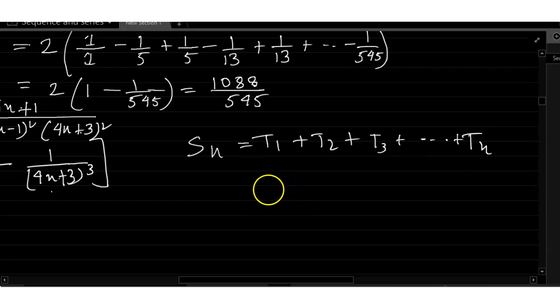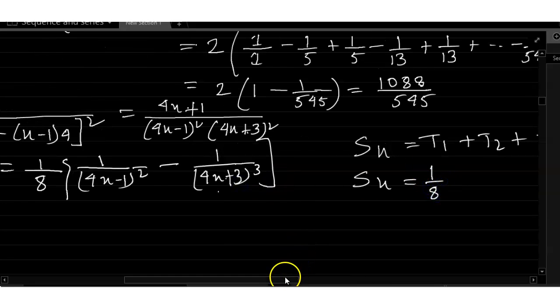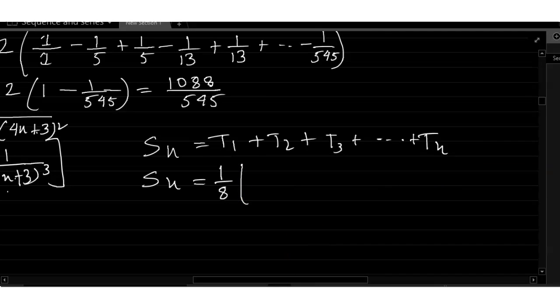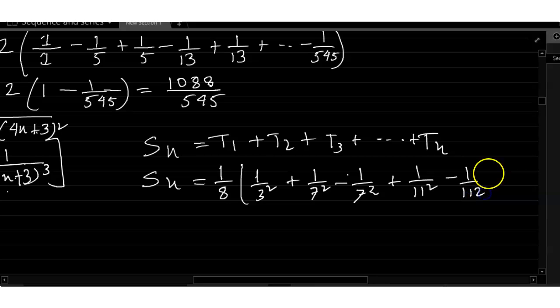So Sn equals 1 by 8 into [1 by 3 square minus 1 by 7 square plus 1 by 7 square minus 1 by 11 square plus 1 by 11 square up to the last one, which will be 1 by (4n plus 3) whole square].